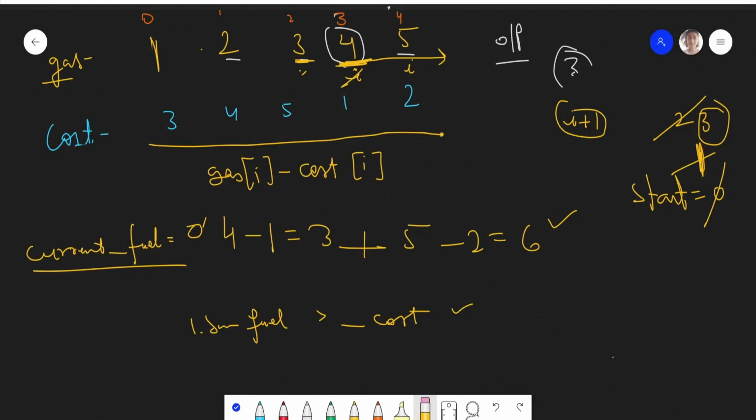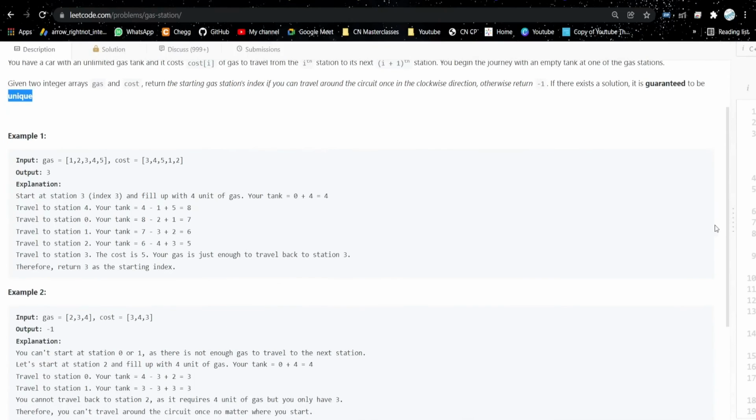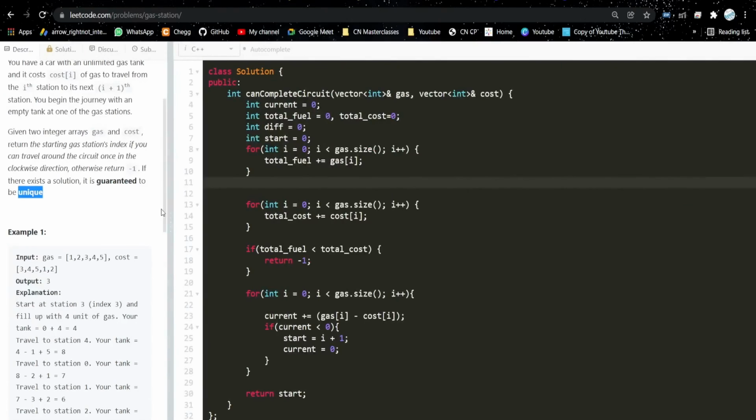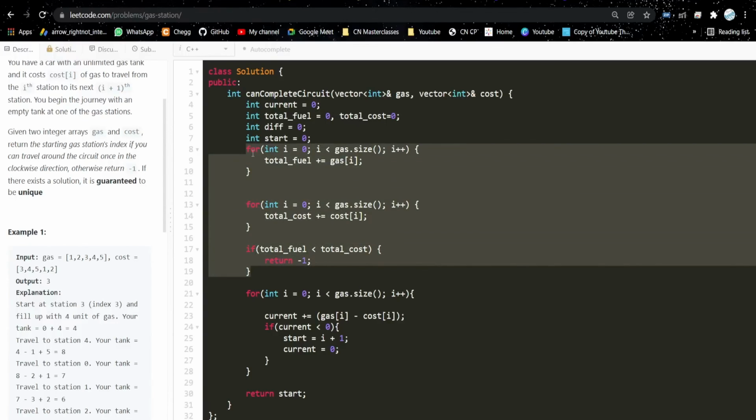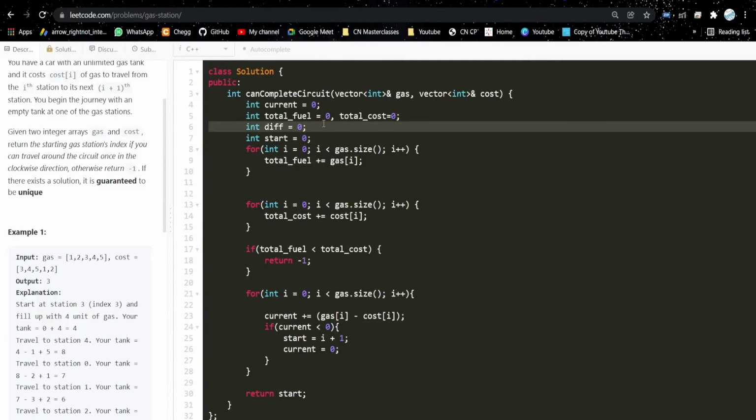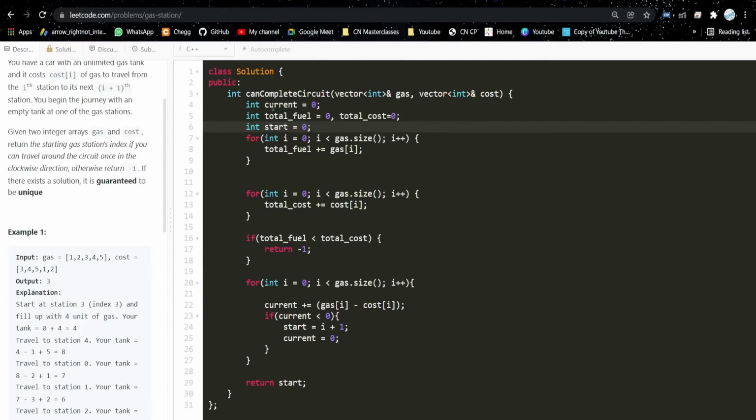Let's see the code once. So what we are doing is, we have taken 2 variables, total fuel and total cost. We are finding total fuel and total cost, and if total fuel is less than total cost, return minus 1. We have discussed this. After that, we have taken variables current, which is your current fuel, and start.